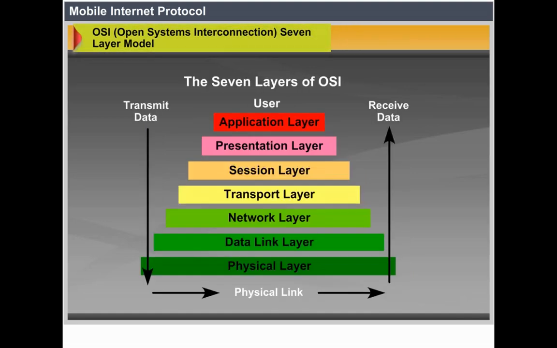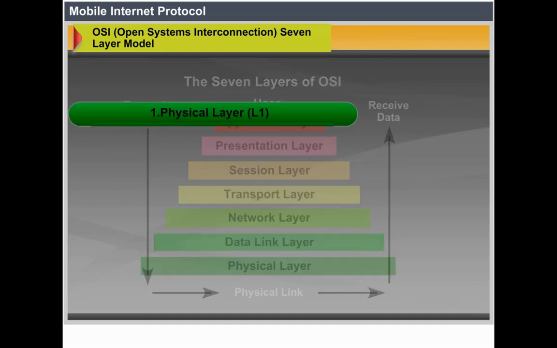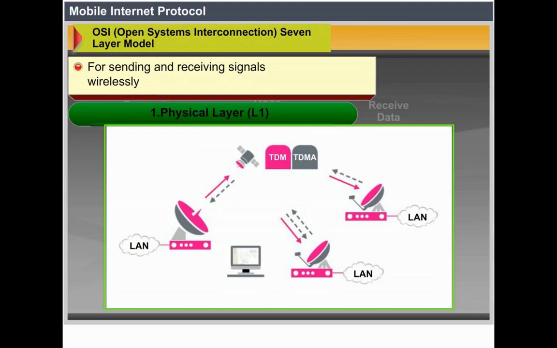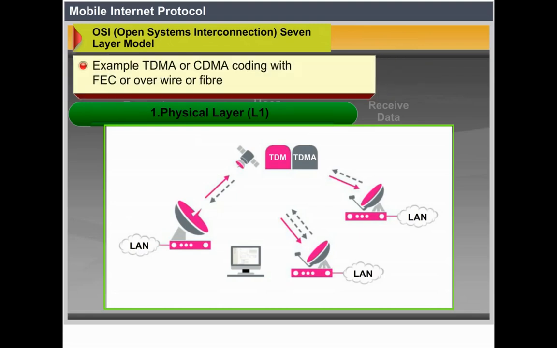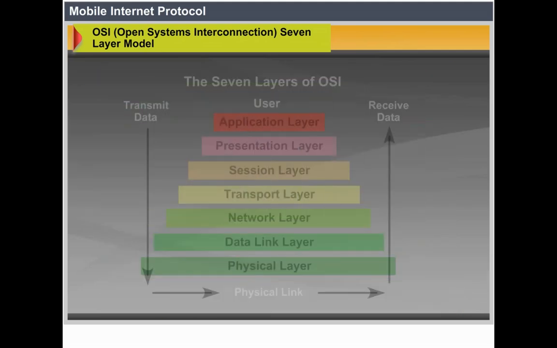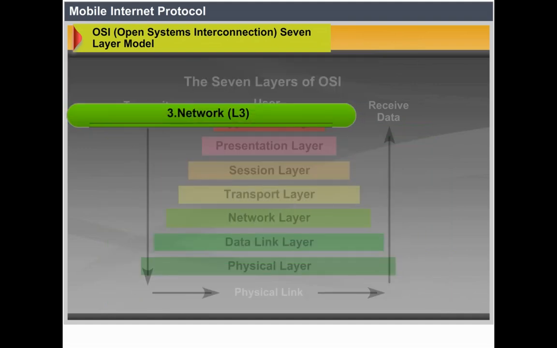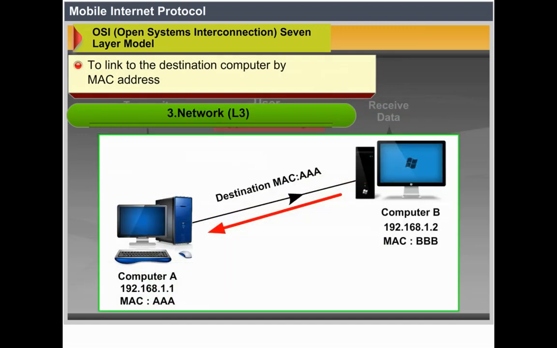Physical layer, L1, for sending and receiving signals wirelessly, for example, TDMA or CDMA coding with FEC, or over wire or fiber. Data link, L2, for linking to the destination computer by MAC address. Network, L3, for routing through a chain of routers.